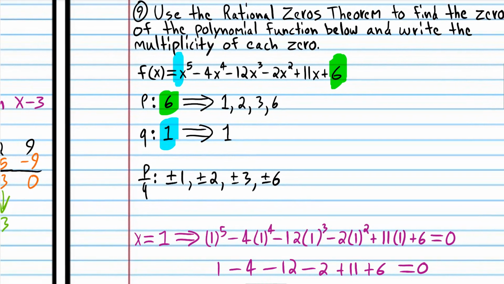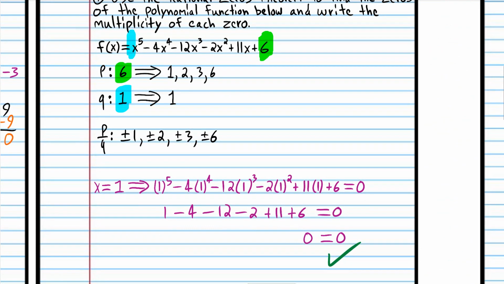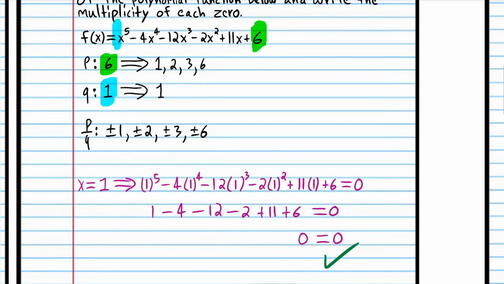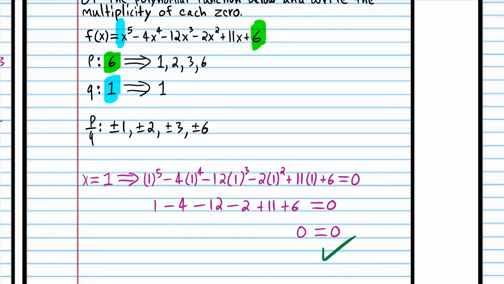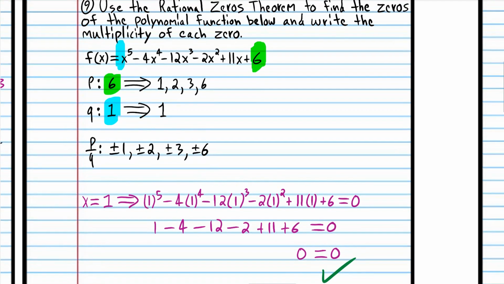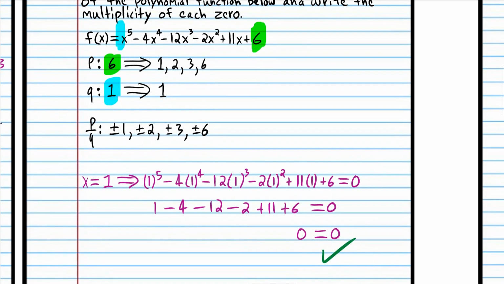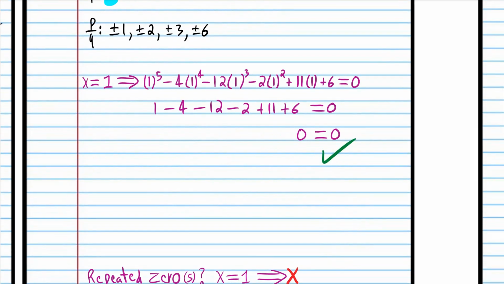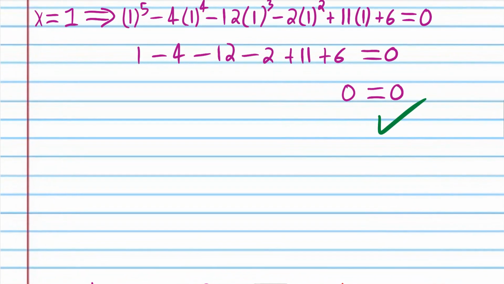Okay, so now we're going to test some of these numbers. So let's try plugging in 1, and it worked. 1 worked. So 1 is a 0. We found one of the zeros. So we're not going to keep plugging in these numbers because that would get kind of tedious. So now we're going to use the math that we learned previously.